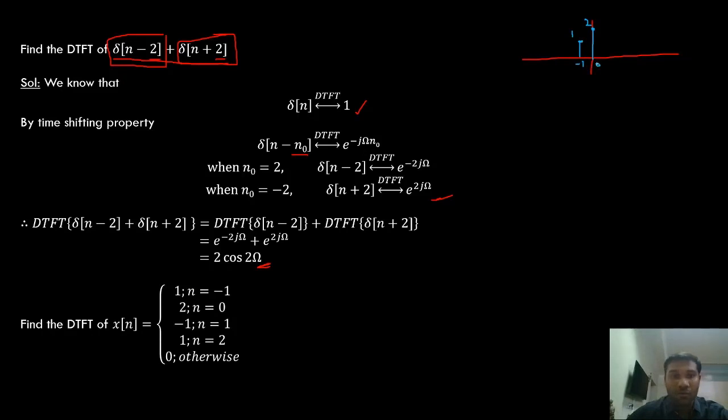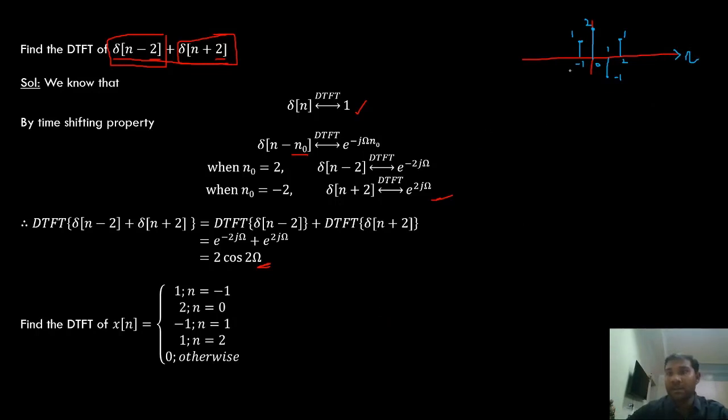And n equal to 1, it is negative 1. And n equal to 2, it is 1. This is my function. All other values, it is 0.